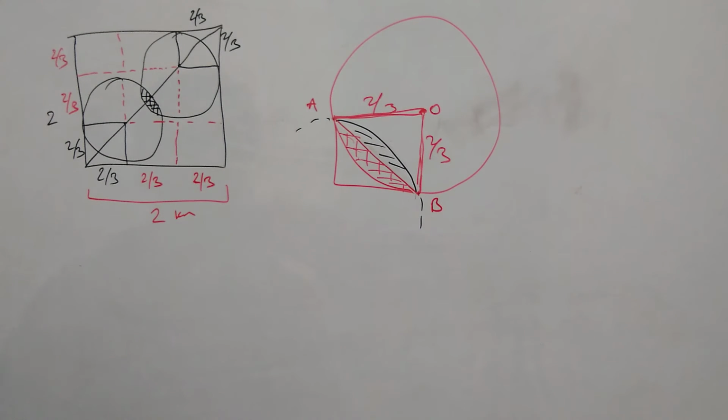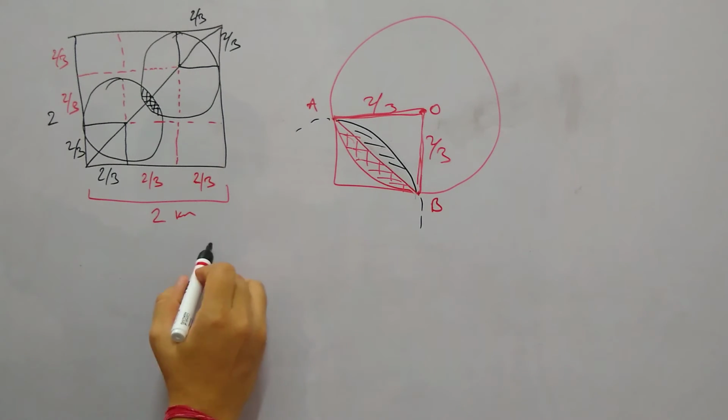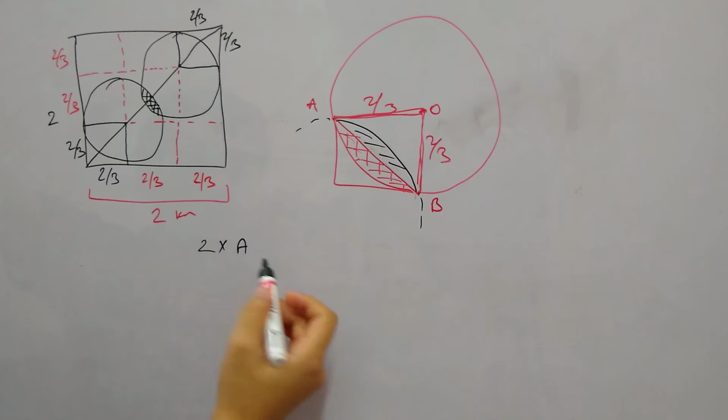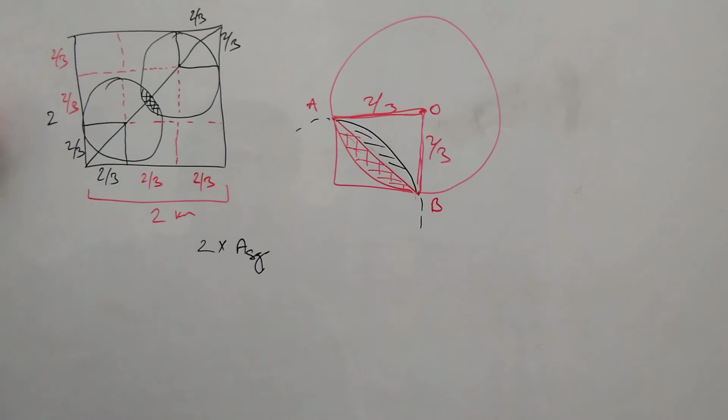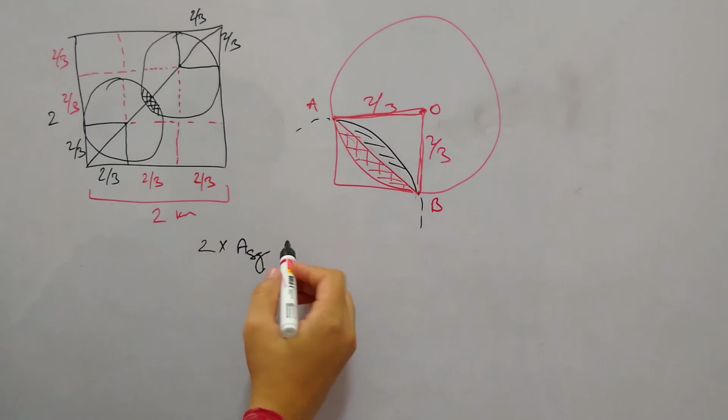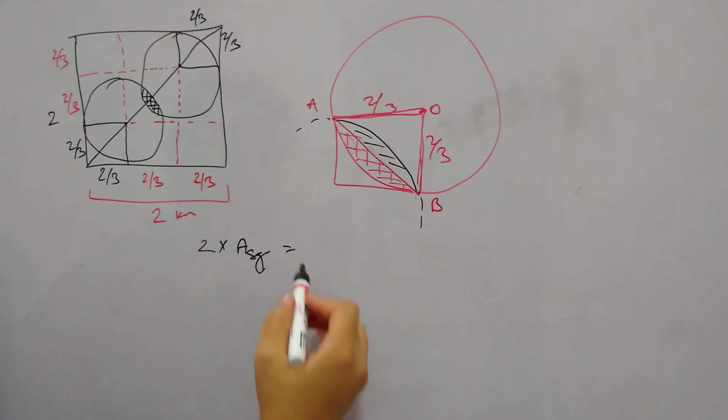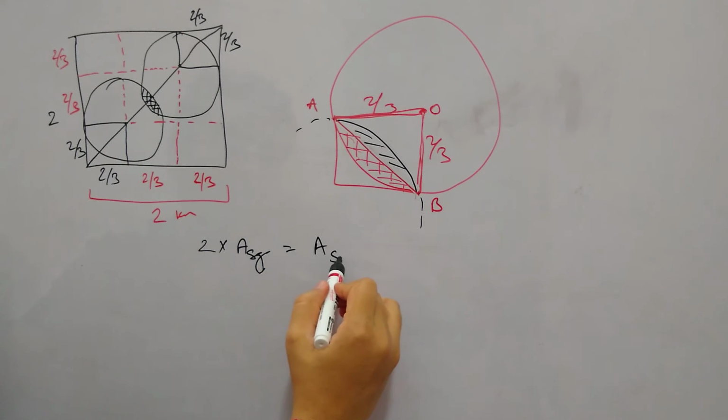So the shaded region where potatoes have to be planted is 2 into the area of the segment. I am denoting the area of the segment by ASG. So ASG, the area of the segment, will be the area of the sector.